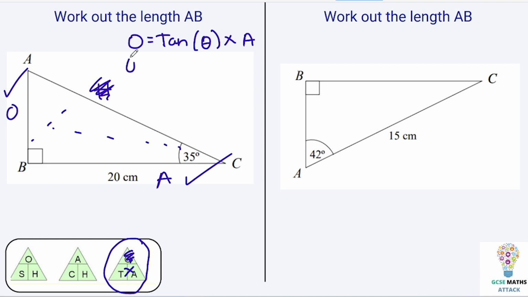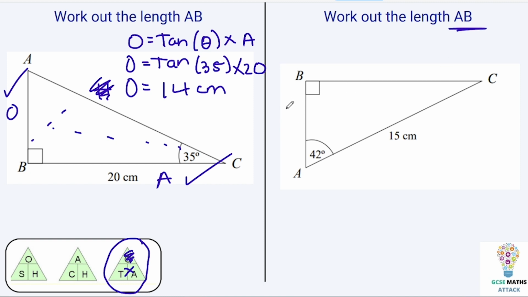Okay, so opposite equals tan 35 times 20. Make sure you place a bracket because you want to get your answer as accurate as possible. Okay, so opposite equals, and if you plug that in your calculator, you should get the value of 14 centimeters.